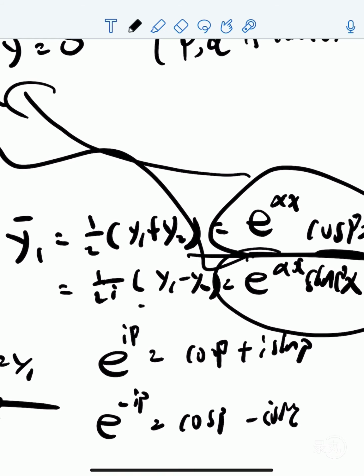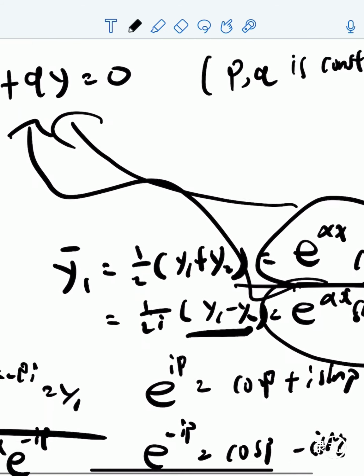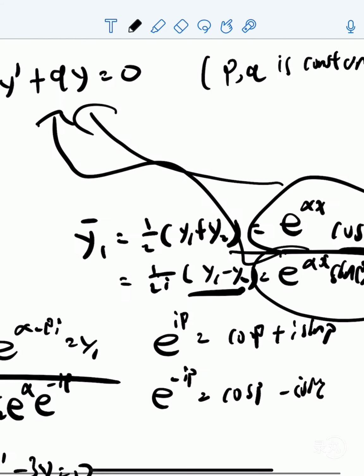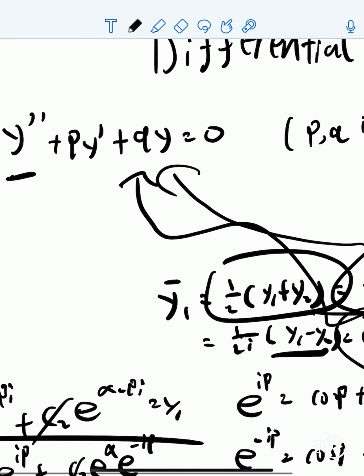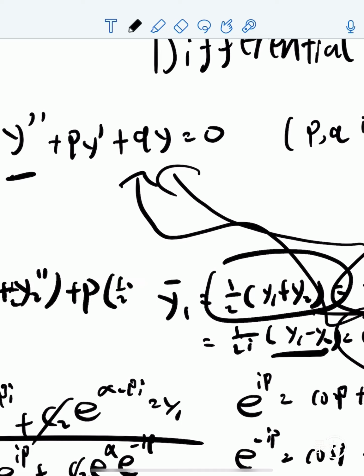If we choose this term first and plug in, we get one half y1'' plus y2'' plus p times one half y1' plus y2' plus q times y1 plus y2.